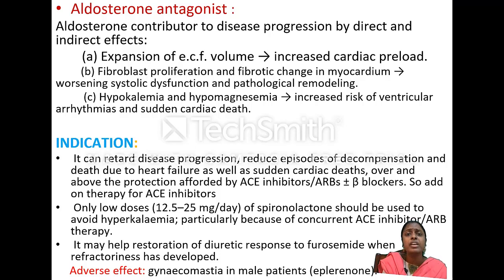It is very difficult to relax also, isn't it? And it won't pump sufficient blood. So aldosterone will increase fibroblast proliferation. This will worsen the conditions of systolic dysfunction and remodeling, and it will worsen the cardiac remodeling also.